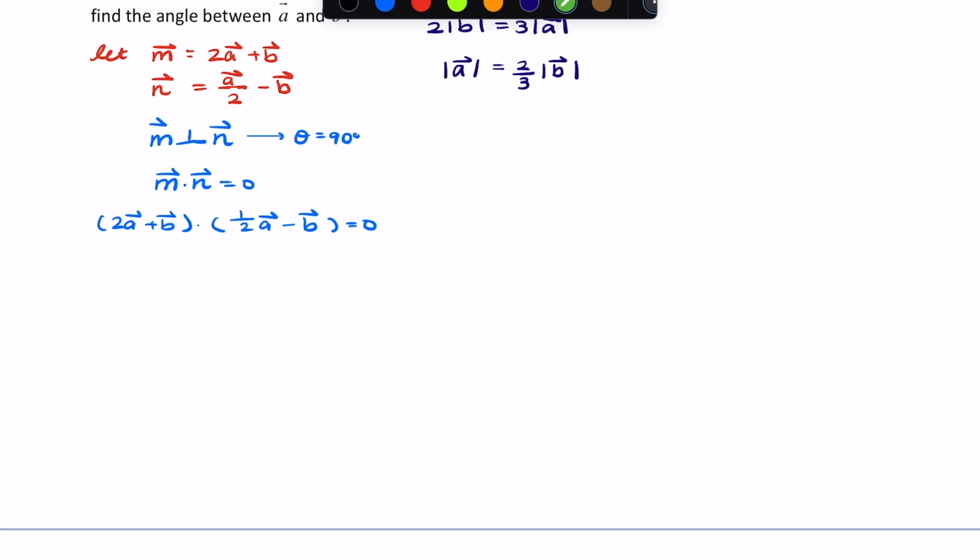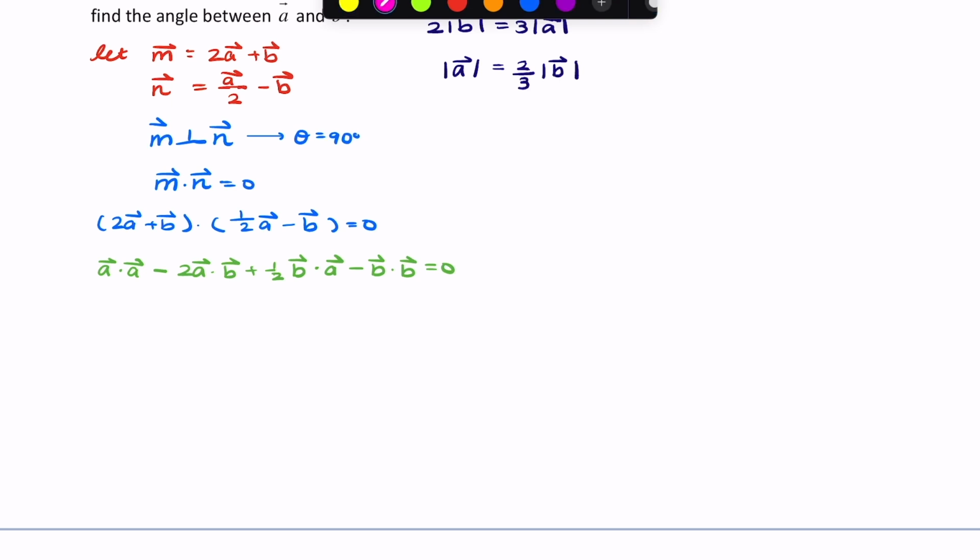Again, when we distribute, we'll get vector A times vector A minus 2 times vector A times vector B plus 1/2 vector B times vector A minus vector B times vector B, and that's all equal to 0.